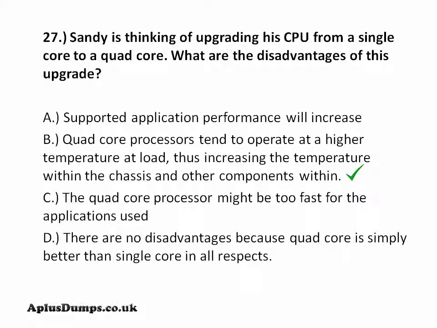C. The quad core processor might be too fast for the applications used. D. There is no advantages because quad core is simply better than single core in all respect. The answer is B. Quad core processors tend to operate at a higher temperature at load, thus increasing the temperature within the chassis and other components within.